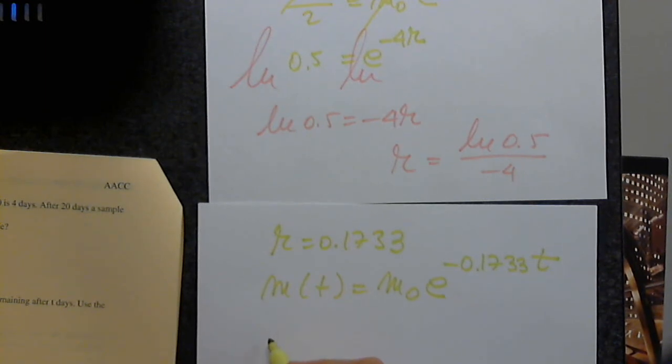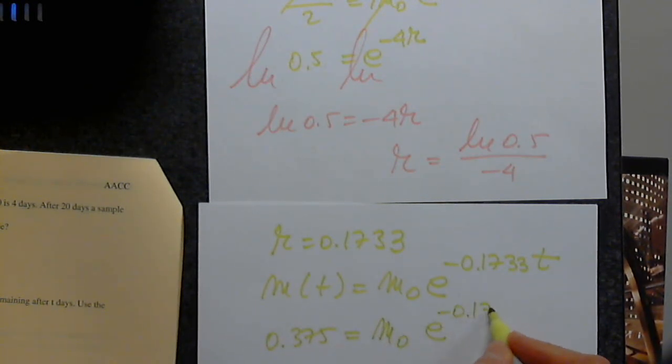The left-hand side. 0.375 equals m0 e to the -0.1733 multiplied by 20.